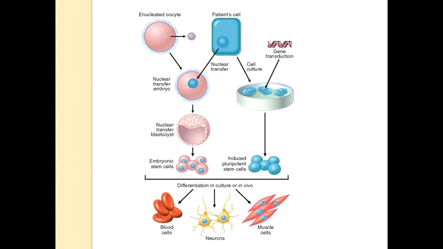Both the embryonic stem cells and induced pluripotent stem cells are capable of differentiating into various types of cells. So by this therapy, the scientists and researchers want to regenerate the damaged organs or to correct a genetic defect without causing transplant rejections.